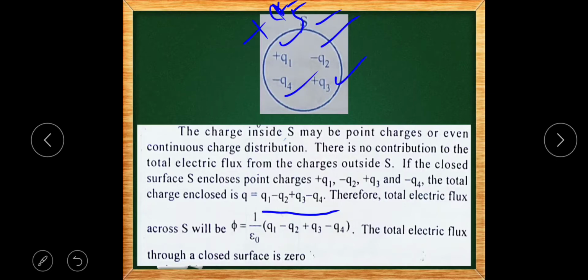So we consider only the total charge enclosed by the surface. The charge residing outside the surface should not be considered.